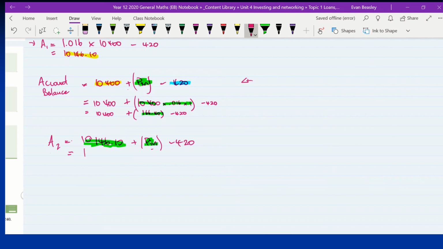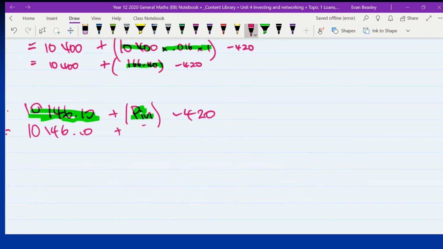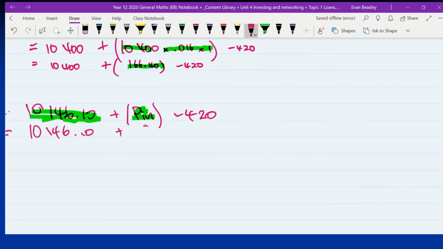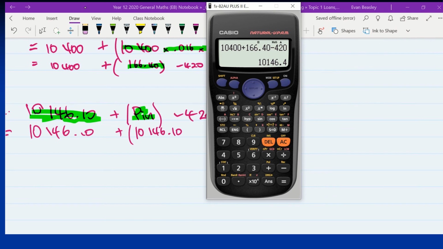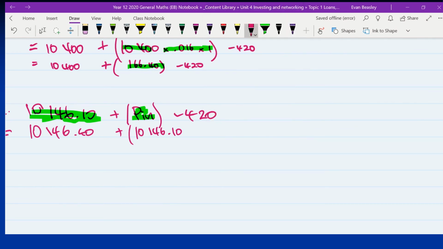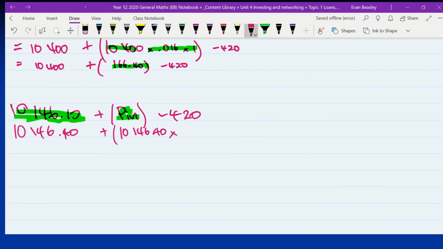We've got 10,146 and 40 cents plus our interest calculation of PIN, 10,146 and 40 cents. And 40 cents. Sorry, I copied that incorrectly.